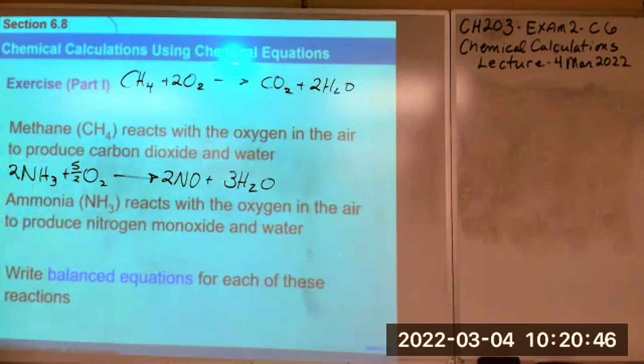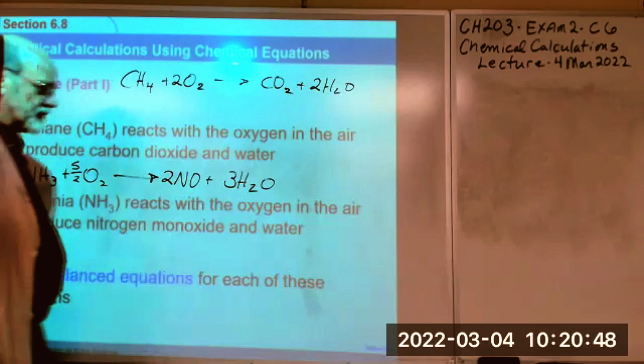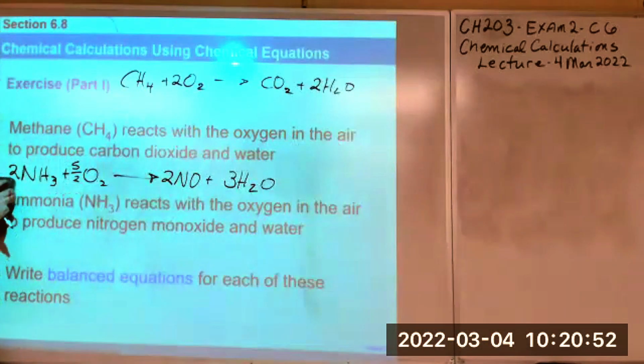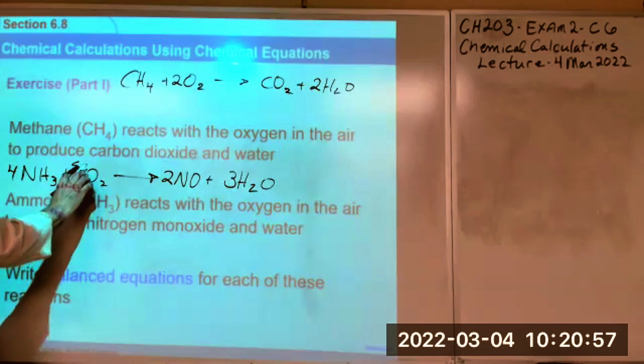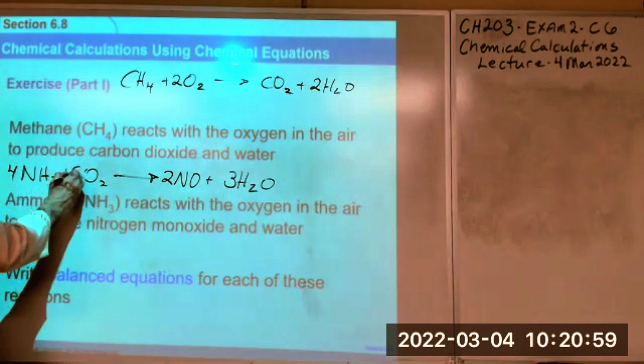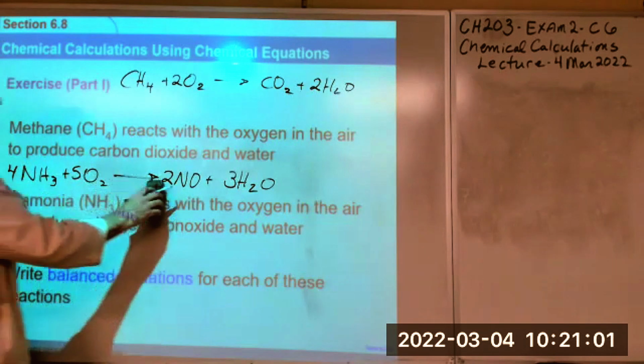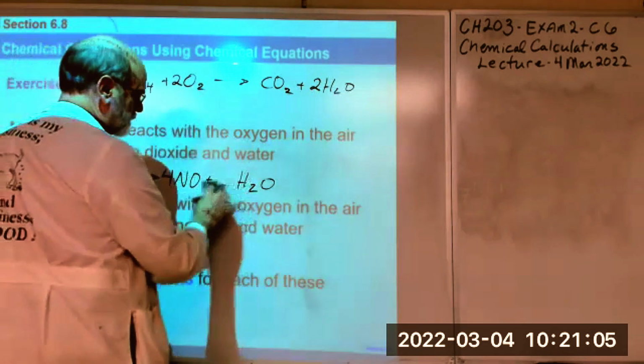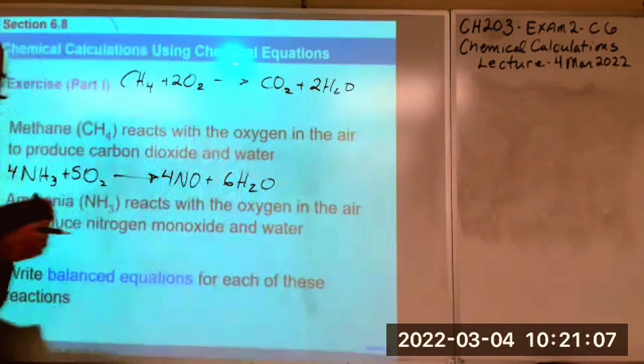Now we need to get rid of that fraction. So what we'll do is multiply the whole thing through by 2. So that makes this one 4. This one now is 5. This one is also 4. And this one is 6. Now we're balanced.